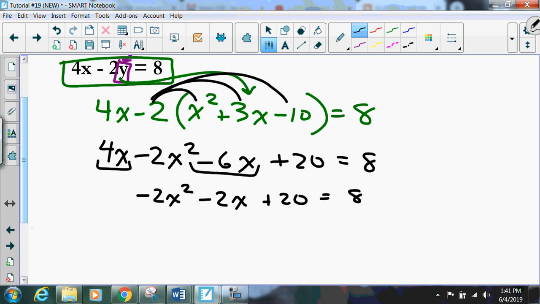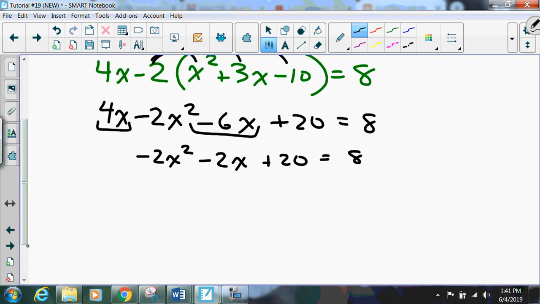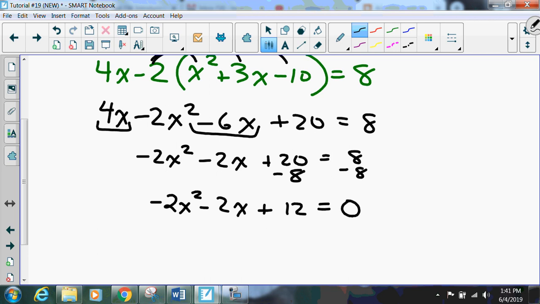And now I want, because to solve a quadratic, we've got to have a 0 on one of the sides, in this case, the right side. So we're going to go ahead and get rid of the 8. We're going to subtract the 8 from both sides. And we'll say negative 2x squared minus 2x plus 12 equals 0. It looks like we're ready to factor, right?